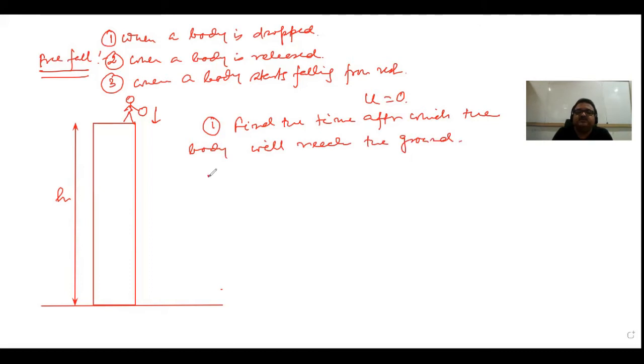Number two, the velocity with which the body will hit the ground.